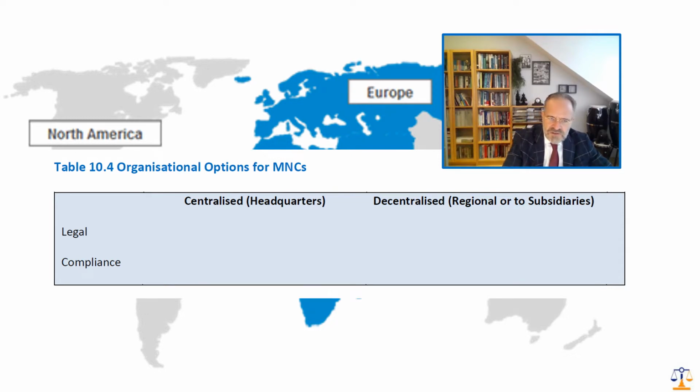Basically, you can centralize everything, legal and compliance. You can also centralize legal and decentralize compliance, or you can completely decentralize both, but generally in practice we will find a mixture of some areas of law centralized, other areas of law decentralized, compliance usually with worldwide oversight, with to a large extent decentralization, because compliance is for a big part about meeting the national rules of a country.